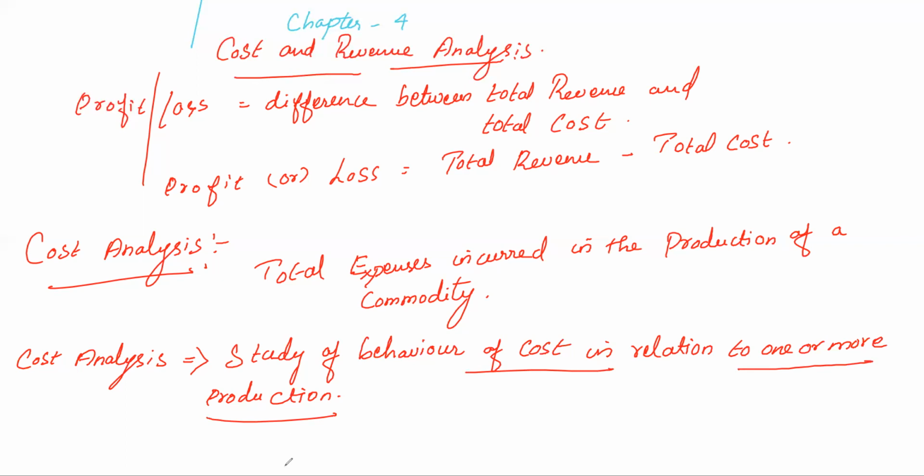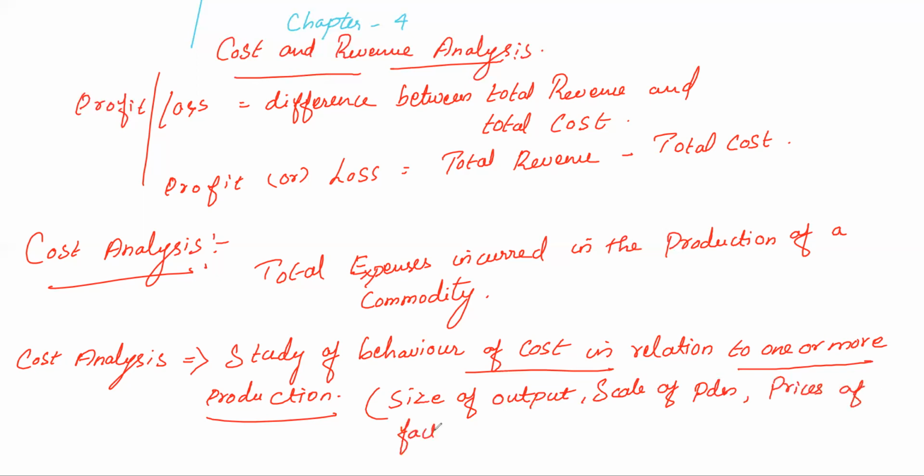Namely, size of output, scale of production, then prices of factors and other economic variables.